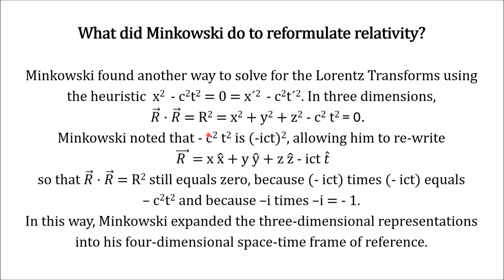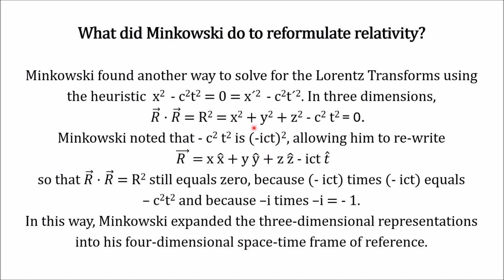So what we do have is a heuristic given first by this, and then this is the way it's actually used. And what Minkowski noted was that he could come up with this term by producing an imaginary component here.